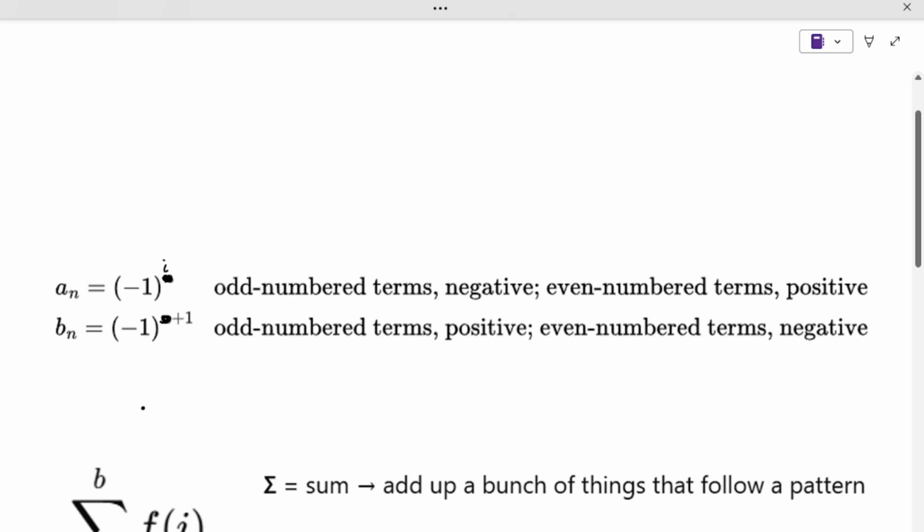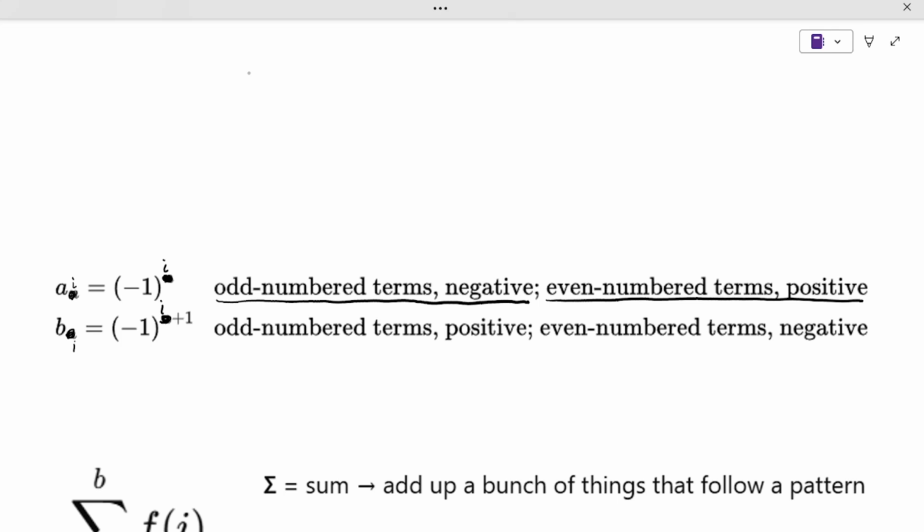They use the variable n, but I'm using I, and you can make that any variable that you want. So it'd be negative 1 raised to the power of I for odd number terms that are negative, or actually for even number terms that are positive.